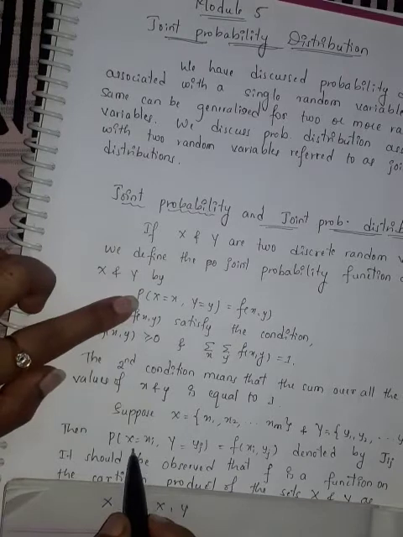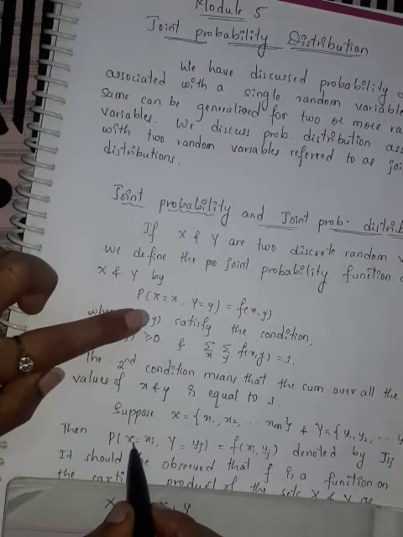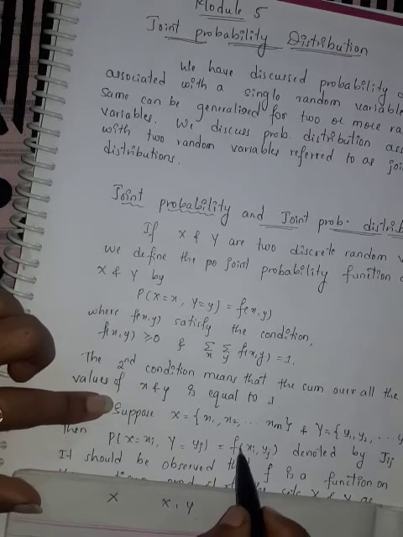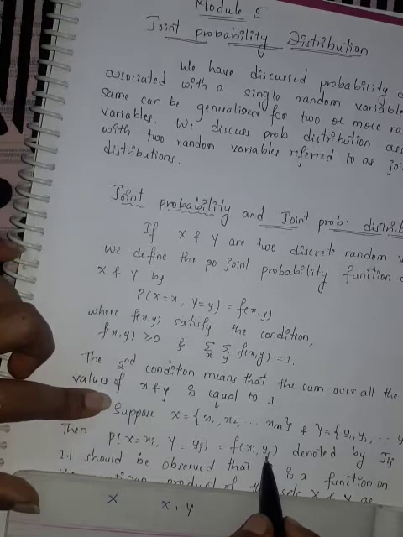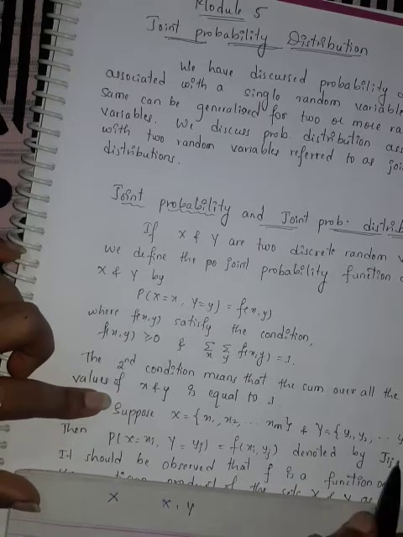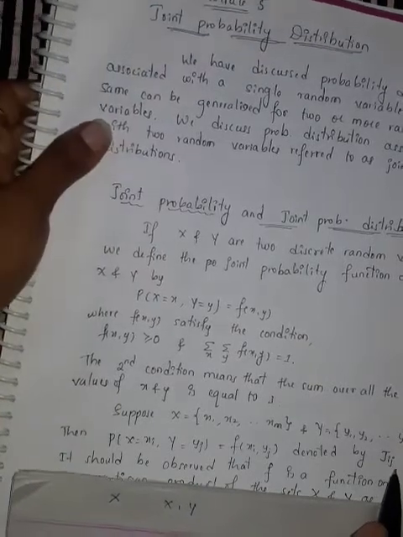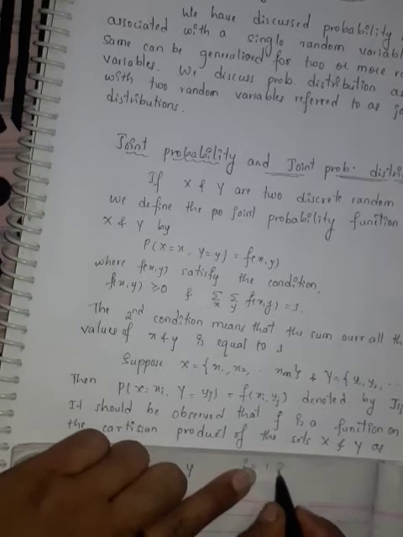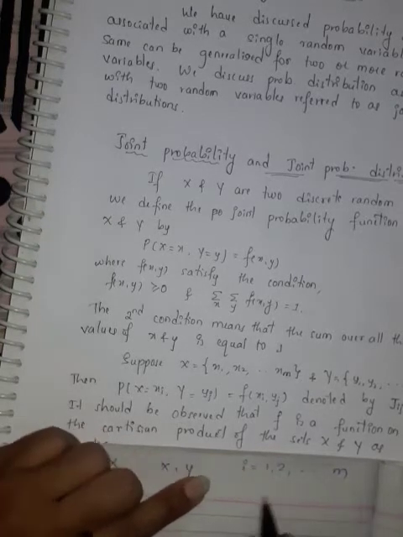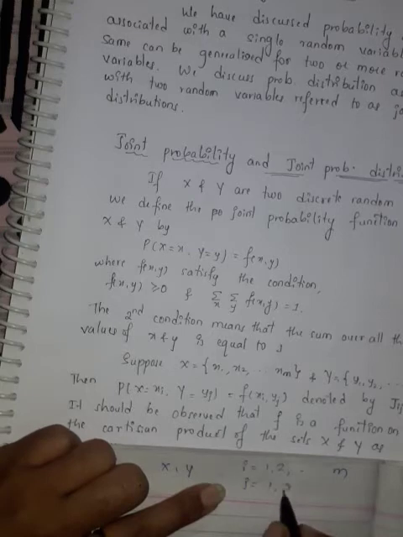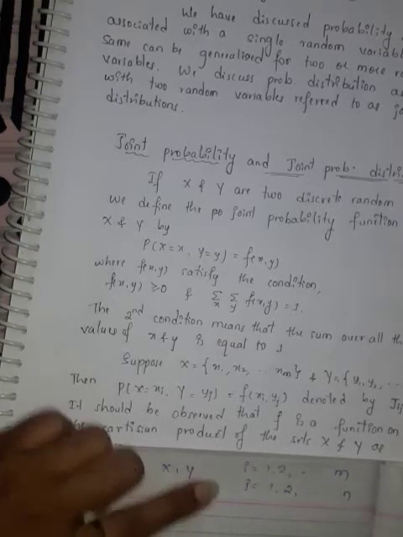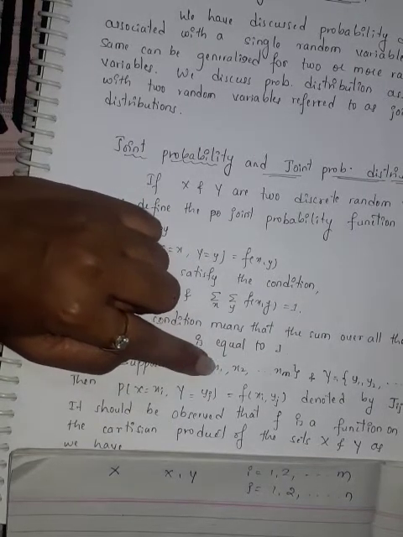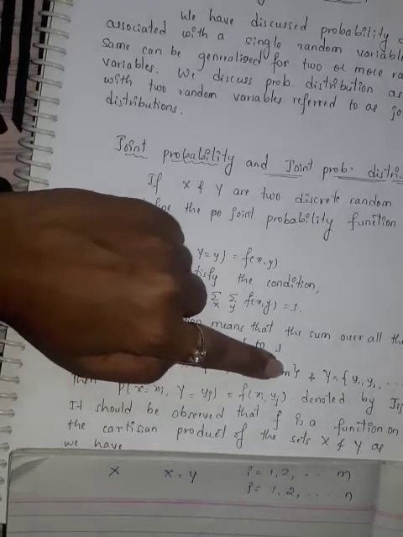Then we write the probability of X = xi and Y = yj as f(xi, yj), and this is denoted by capital Jij. Here i goes from 1, 2 and so on up to m, and j goes from 1, 2 and so on up to n, because the set of values of x is x1, x2 and so on up to xm.